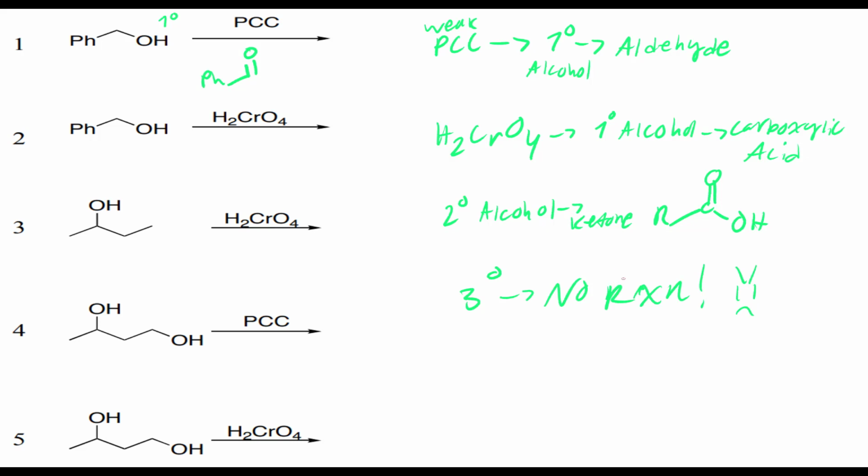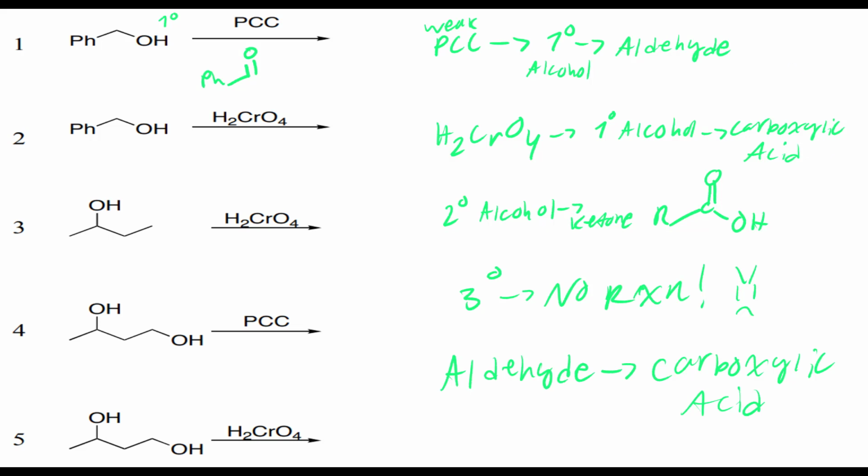All right, so that was it. Oh, before I forget, if you have an aldehyde, it'll make that into a carboxylic acid. All right, so that was it. Aldehyde into carboxylic acid, primary into carboxylic acid, secondary into a ketone. Not too much to remember, you'll be fine, okay?